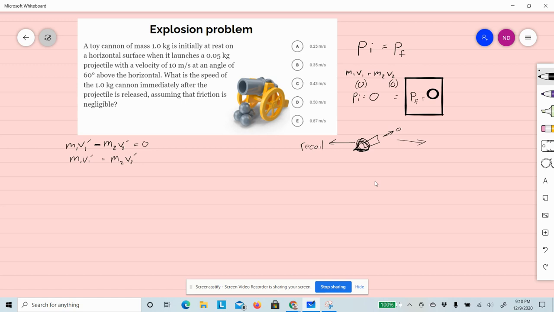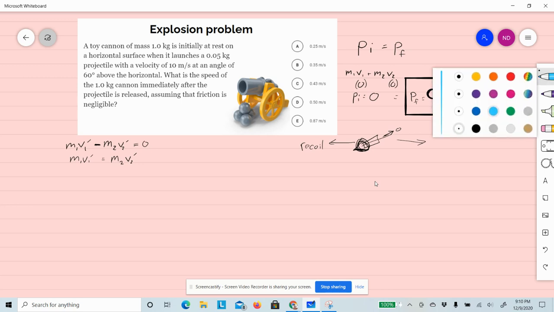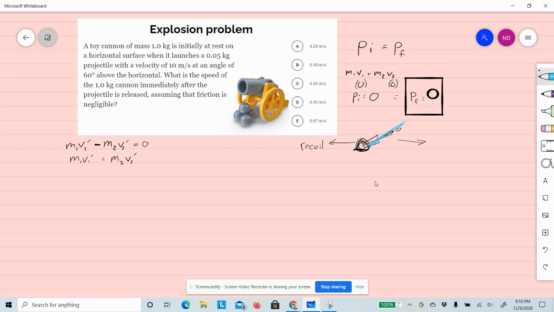Now what makes this a little tricky is that this thing is fired at an angle. The cannon is fired at an angle of 60 degrees.